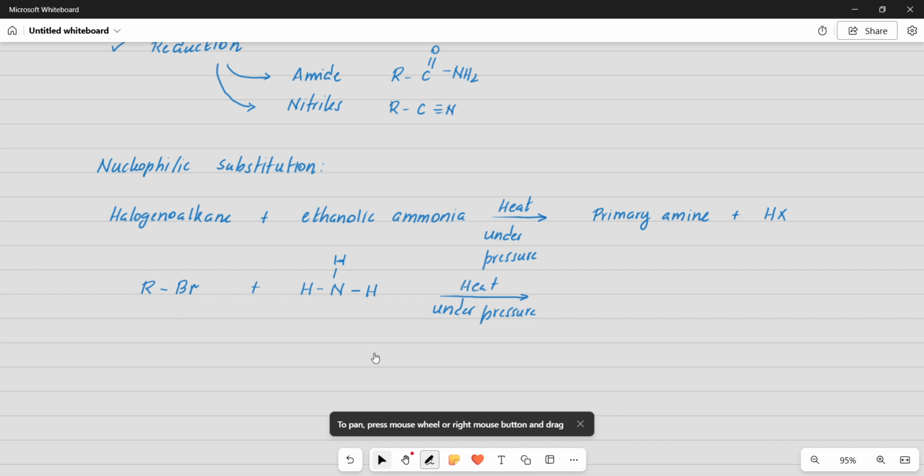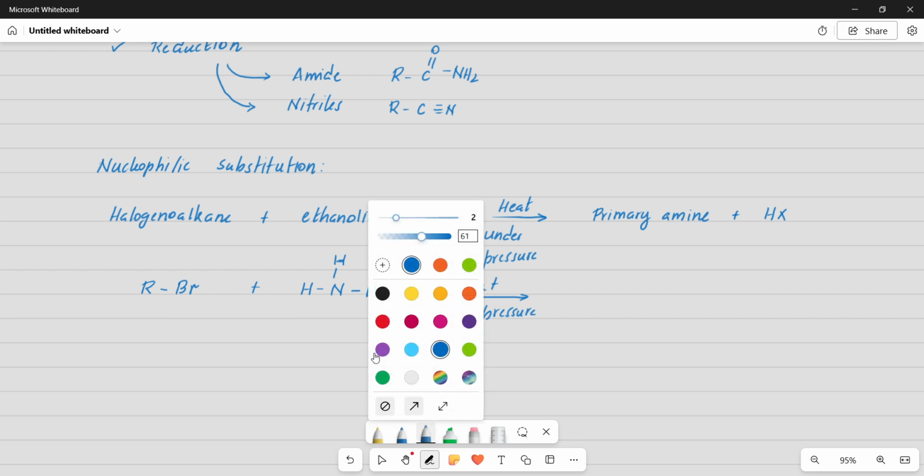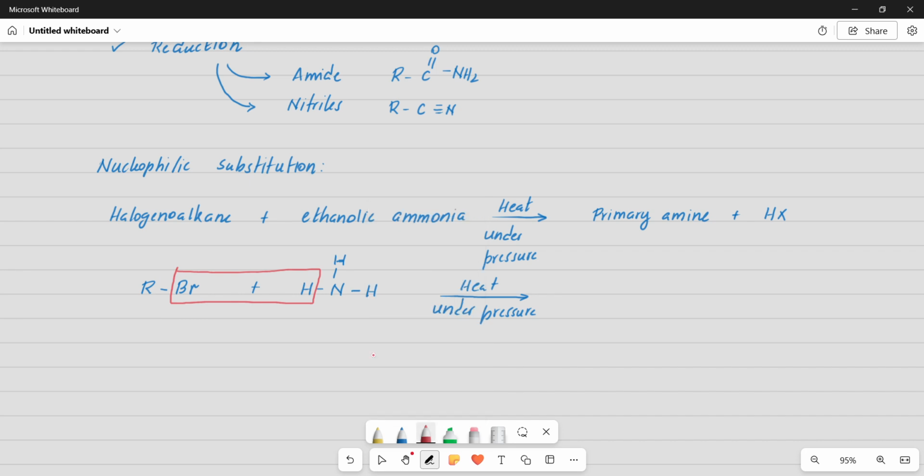What you are going to see is the removal of HBr. So what you will write is R N H H plus what is removed, HBr.